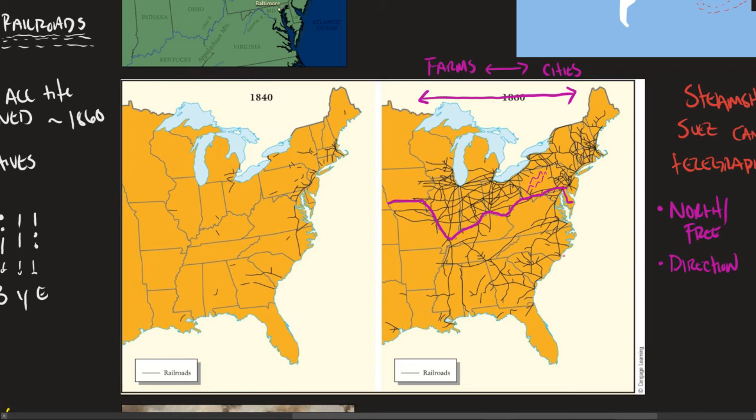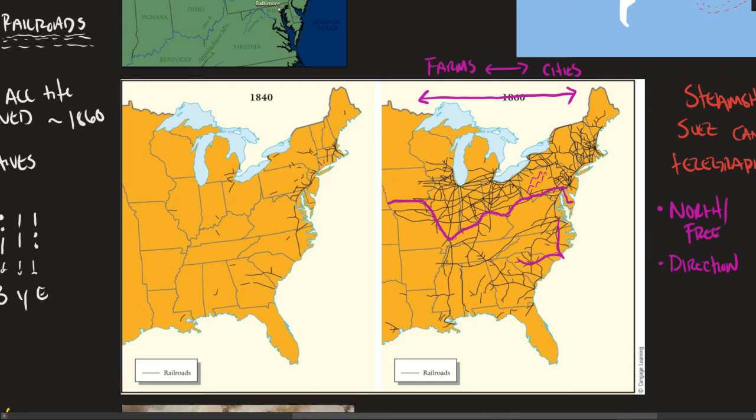If you look at the railroads in the south, they're not really connected east and west. If I didn't tell you these were railroads, you might guess that they were rivers, perhaps. And that's because the railroads in the south are all geared towards funneling into these port cities, right?